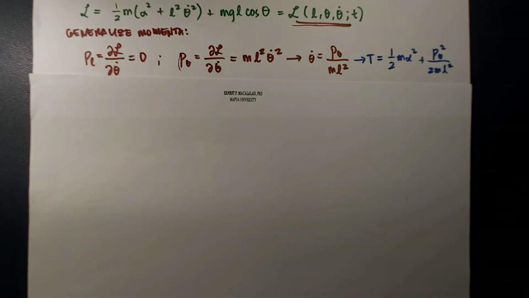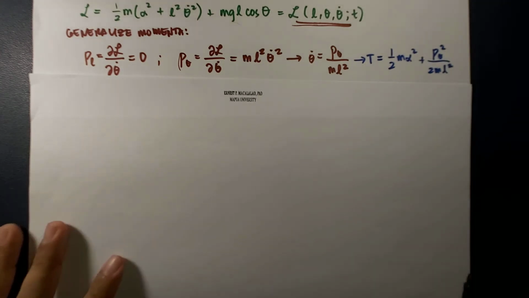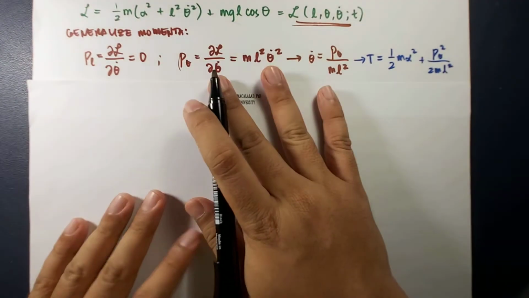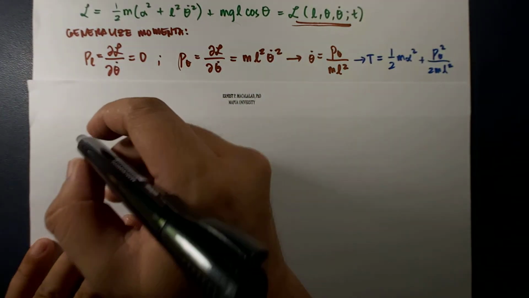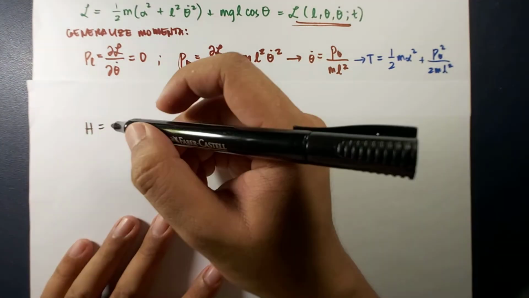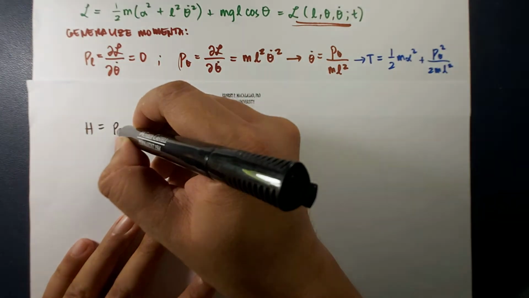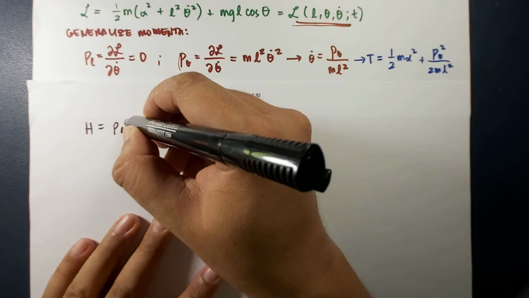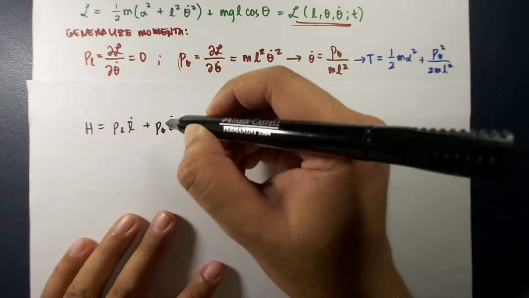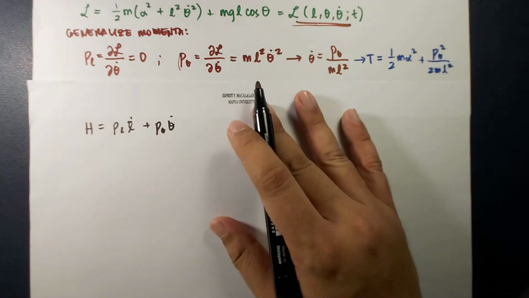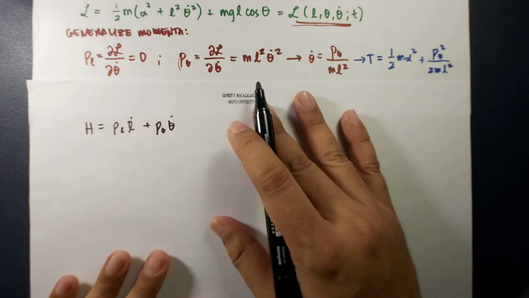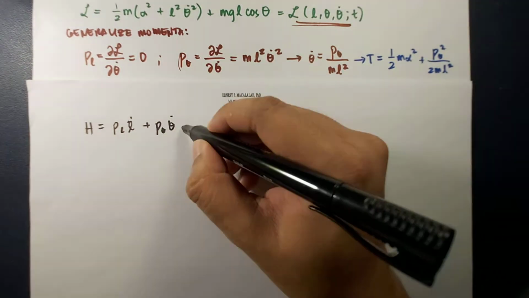The Hamiltonian becomes H equals P_L L dot plus P theta theta dot minus the Lagrangian.